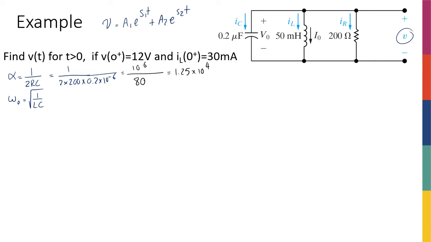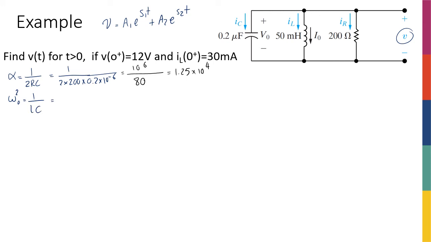Now, what's the omega naught? Well, actually, I care about omega naught squared, because if you remember from the conditions, I compare omega naught squared with alpha squared. So omega naught squared is going to be 1 over LC.